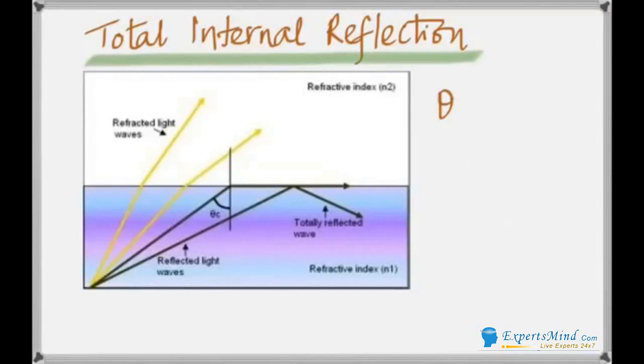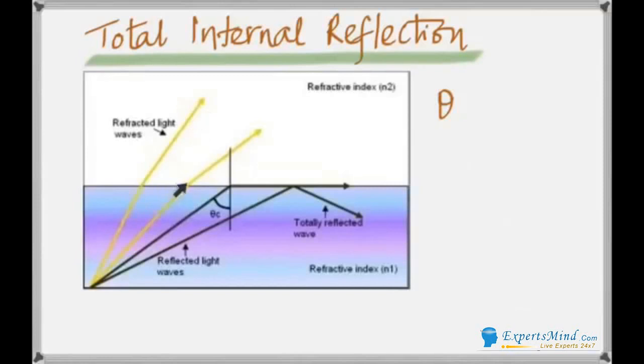Why is it called total? Because, look, if we are very sensitive and clear, you'll understand this. At this point, anybody agrees that a part of the ray would also be reflected? A small part. If you're underwater and look at yourself, you can see a slight image of yourself. Can't you? Yes, that's because a part of it is reflected, and the major part is refracted.